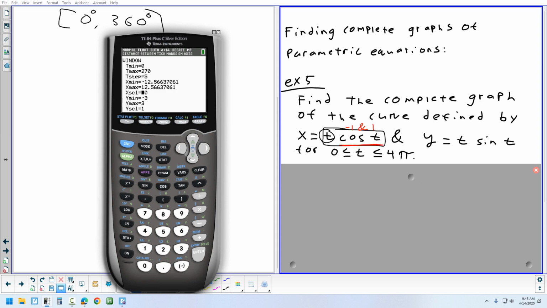And now look at sine. What's the biggest and the smallest that sine can get? That's also -1 to 1. And if you multiply that by the biggest possible value you could ever have for t, which is 4 pi, what is t sine t guaranteed to stay between?